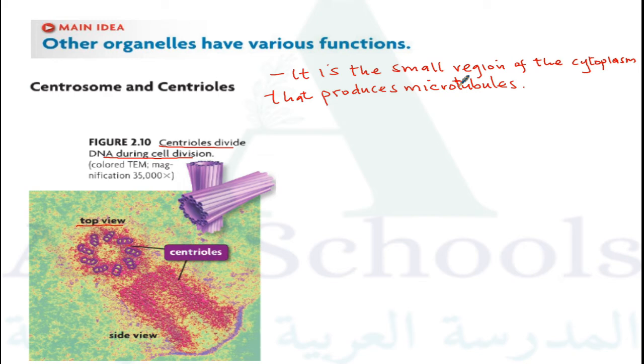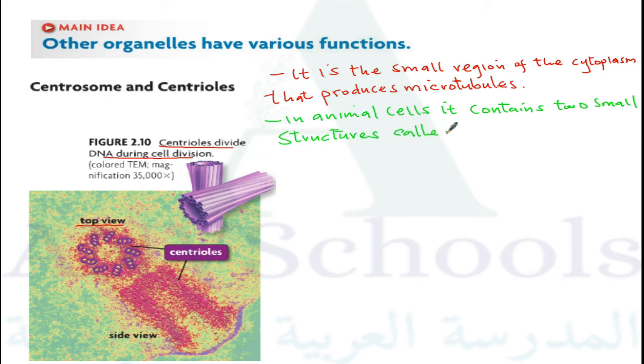In animal cells, the centrosome contains two small structures called centrioles.